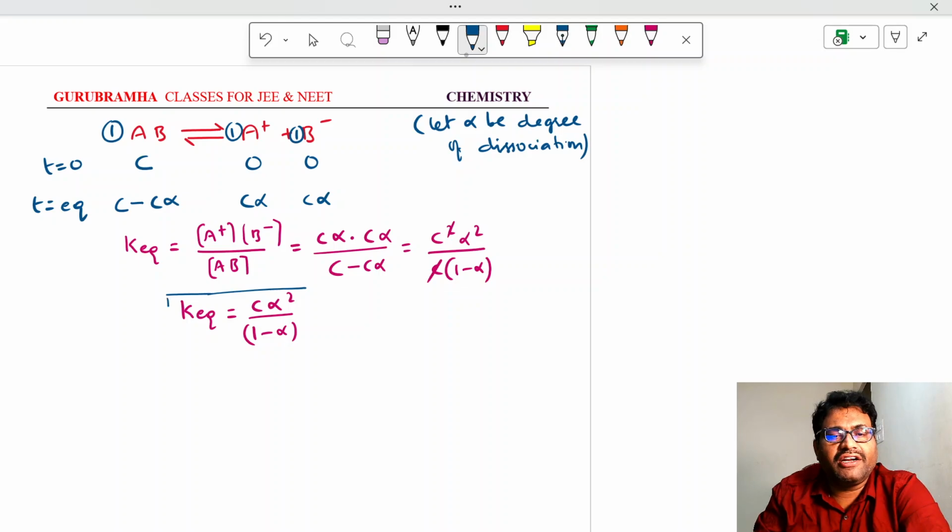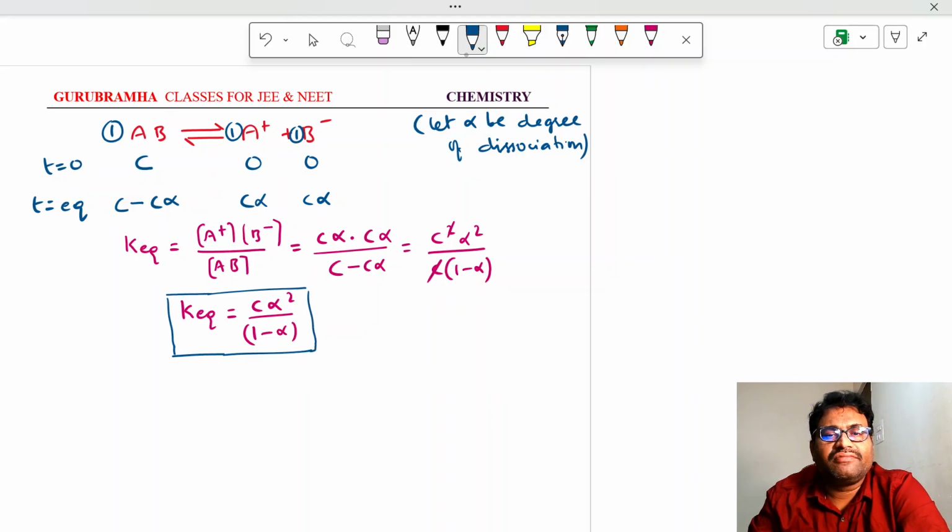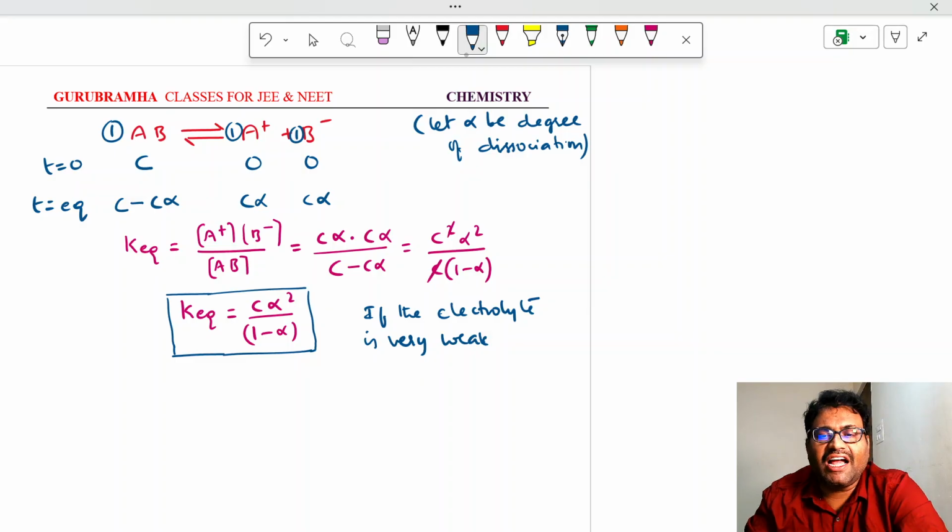Okay, so this is the formula to calculate the equilibrium constant for a weak electrolyte. If the electrolyte or acid is very weak, it represents that alpha is very much less than 1, or even less than 0.1.